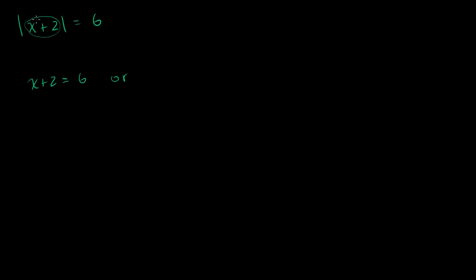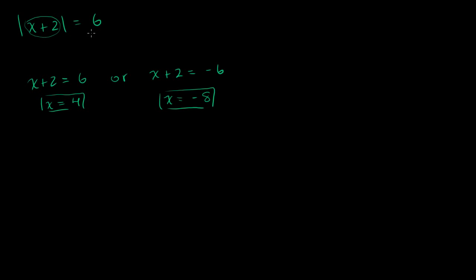If this whole thing evaluated to -6, you take the absolute value, you'd get 6. So x plus 2 could equal -6. Then if you subtract 2 from both sides of this equation, you get x could be equal to 4. If you subtract 2 from both sides of this equation, you get x could be equal to -8. So these are the two solutions to the equation.